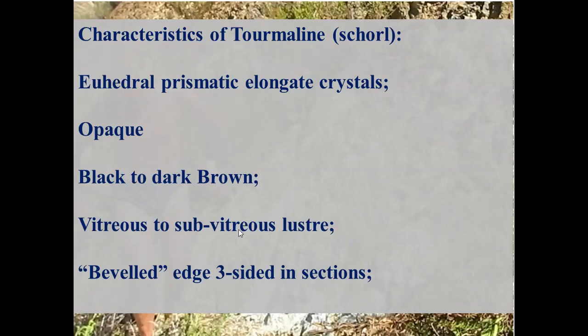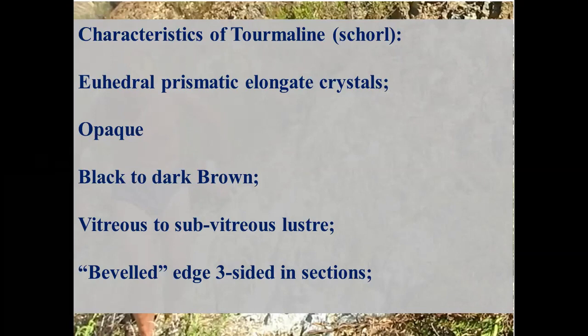This vitreous to subvitreous luster, and remember, it's much less glossy than the amphiboles, which are the other elongated crystals that you could mistake for tourmaline. Usual color is black, can be dark brown, and it's generally opaque, although there are translucent varieties.